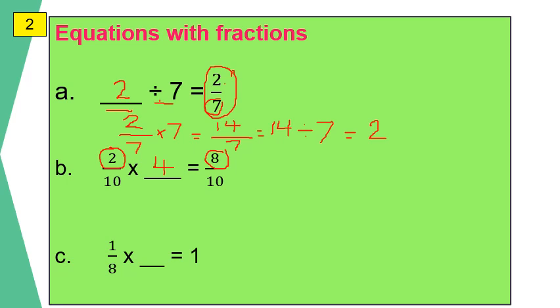And lastly, I've got 1/8 times something equals 1. Well, we know that fractions are parts of a whole, and here I've got 1/8 of a whole. So if I have 8 1/8, I'm going to have a whole. Now we know we represent a whole using 1.